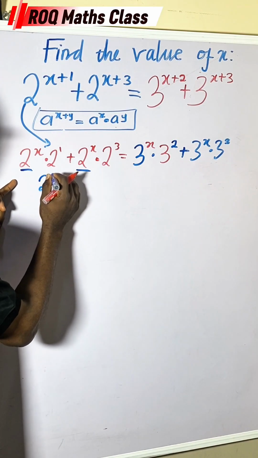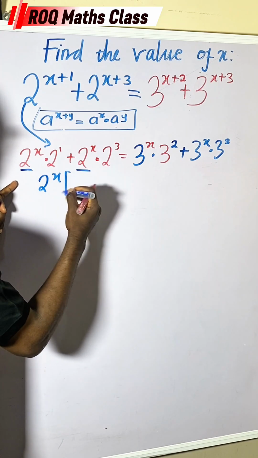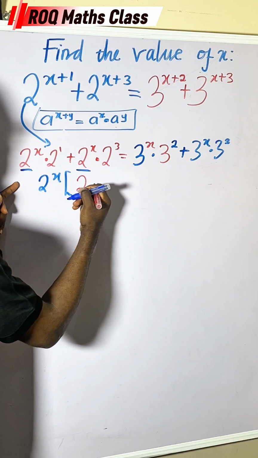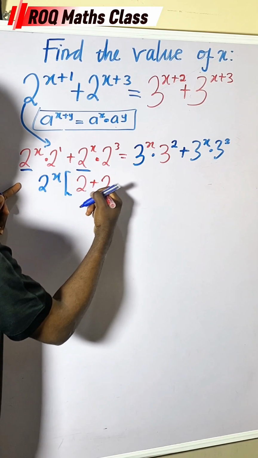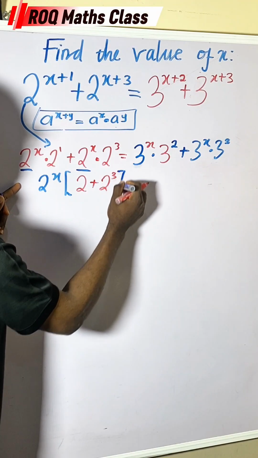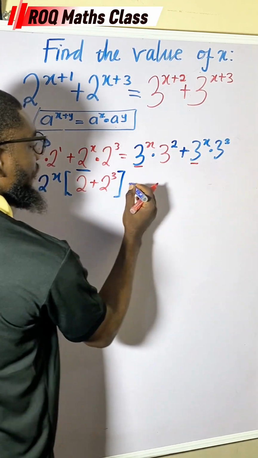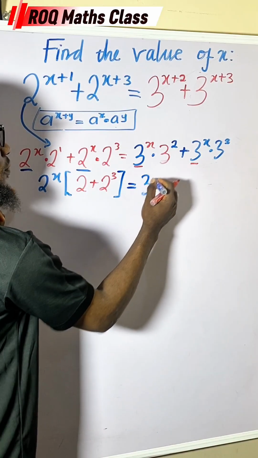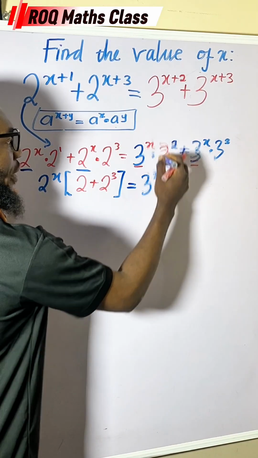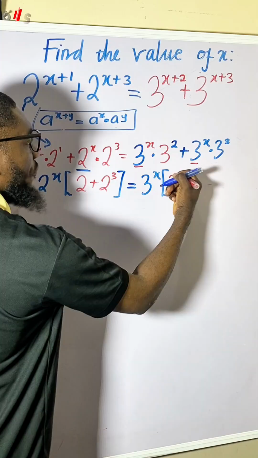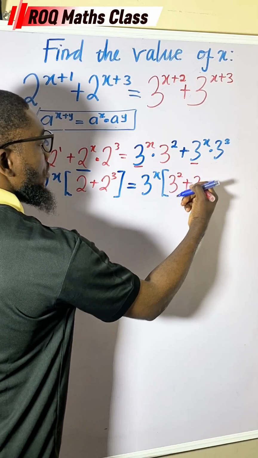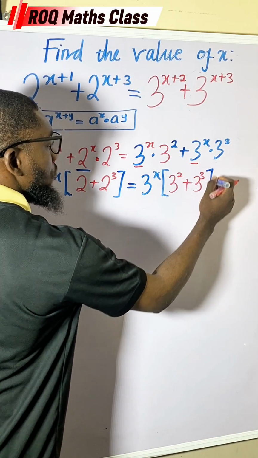We have 2 to the power of x into the bracket of 2 to the power of 1 plus 2 to the power of 3. Close our bracket. Now, if you look at this side, these two are common, so we can factor it out. We're going to have 3 to the power of x into the bracket of 3 to the power of 2 plus 3 to the power of 3.